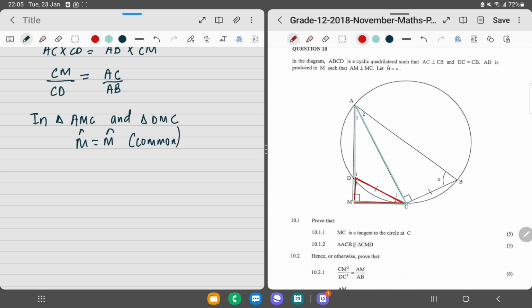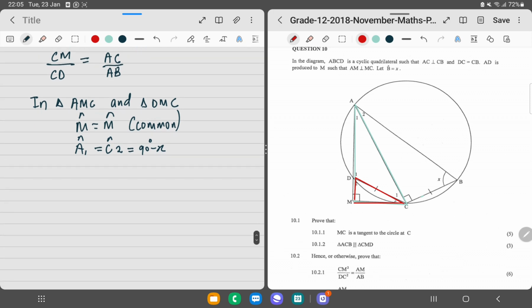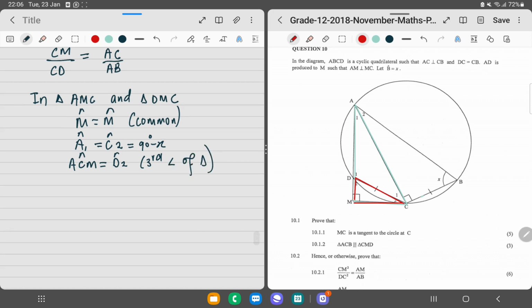And then we've said that C2 is equal to A1 because they are both equal to 90 degrees minus x. And then it means that ACM should be equal to D2, that angle of a triangle.